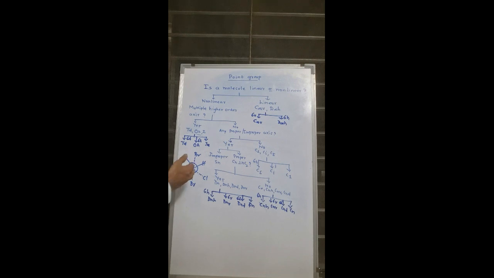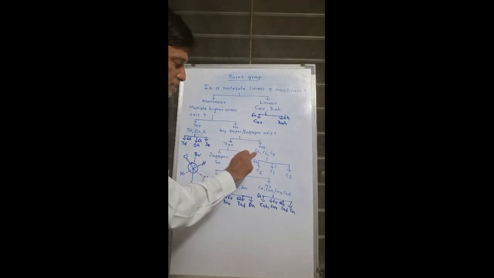For multiple higher axes, there is no proper axis present in this molecule, which means multiple higher axes are absent. Then we have to ask whether any proper or improper axis is present. Proper and improper axes are also absent, which means we have to go for C1, Ci or Cs.